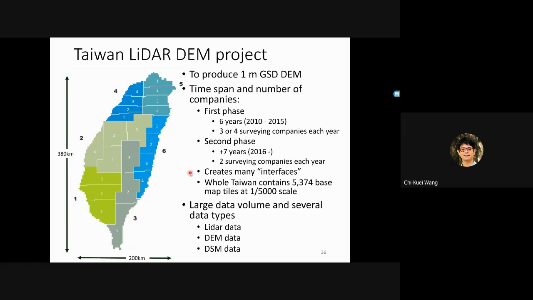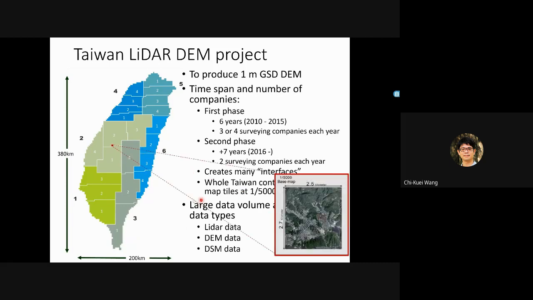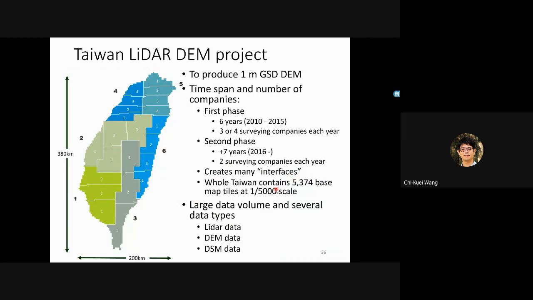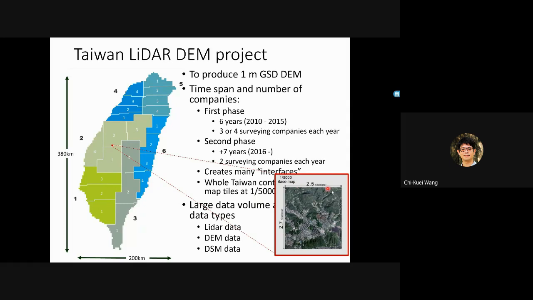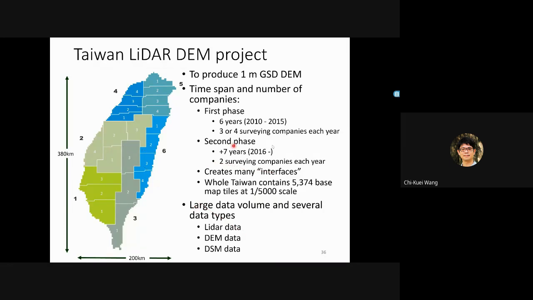Also, because our map is our base map, we want to produce base maps at 1 to 5,000 scale, such as this. That means we will have 5,374 of these base maps.